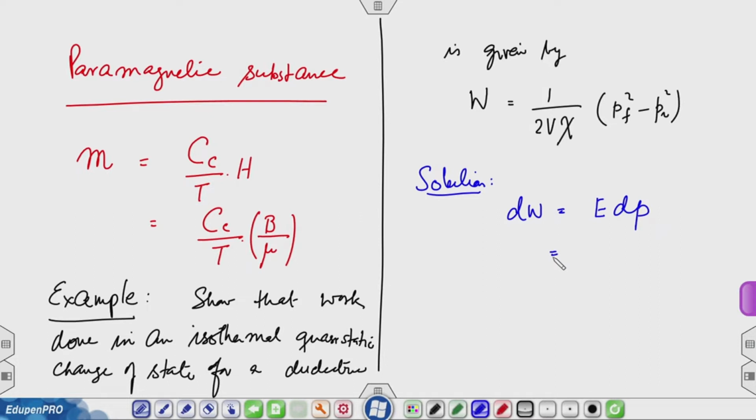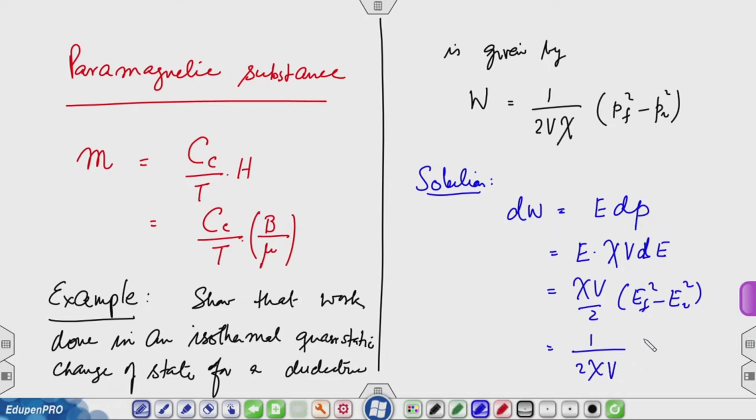So, this can be written as E chi V dE, and that gives you chi V by 2, E final square minus E initial square, and if you substitute for E in terms of P, it comes out to be 1 over 2 chi V, P final square minus P initial square. So, you see how equation of state can be used to calculate the work done.